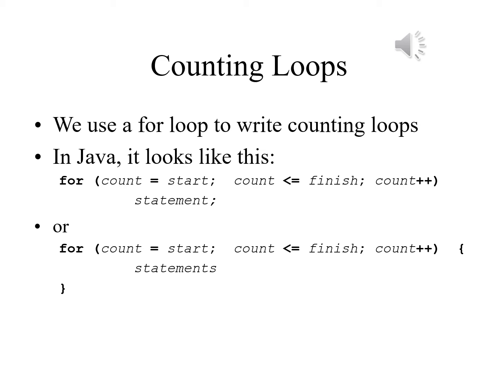Alternatively, I can begin it the same way, but end it differently. For, open paren, count = start; count <= finish; count++, close parenthesis, and inside a pair of braces, however many statements I may need.